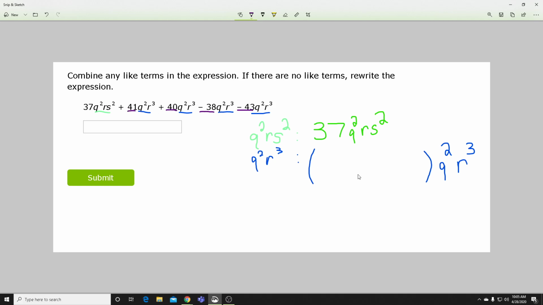So we have 41, 40, negative 38 or minus 38, negative 43, or we can think of this as minus 43.